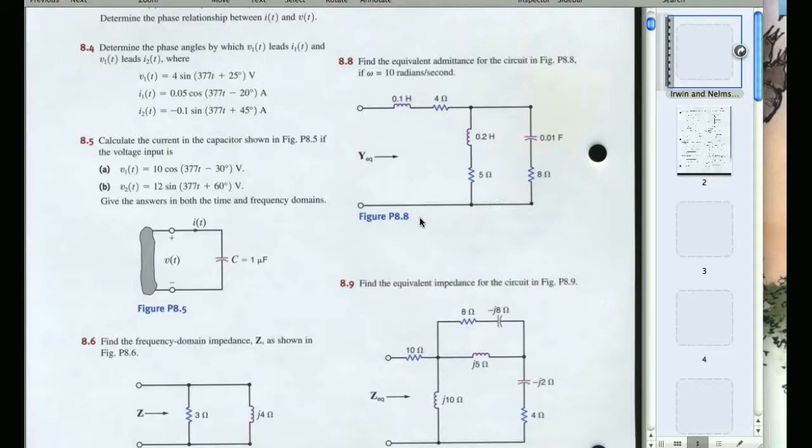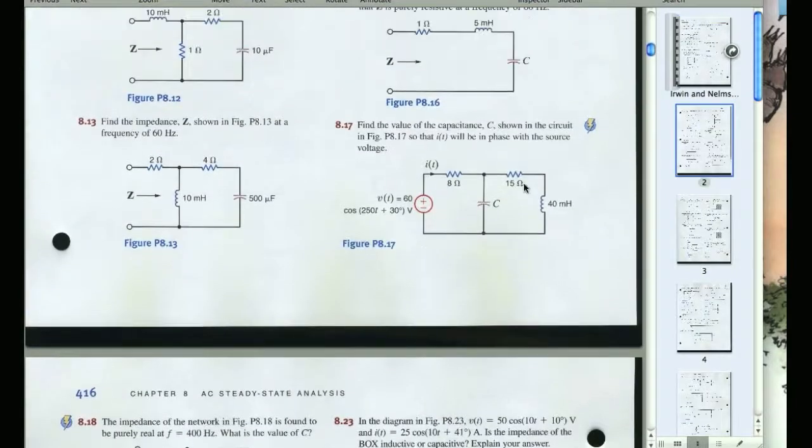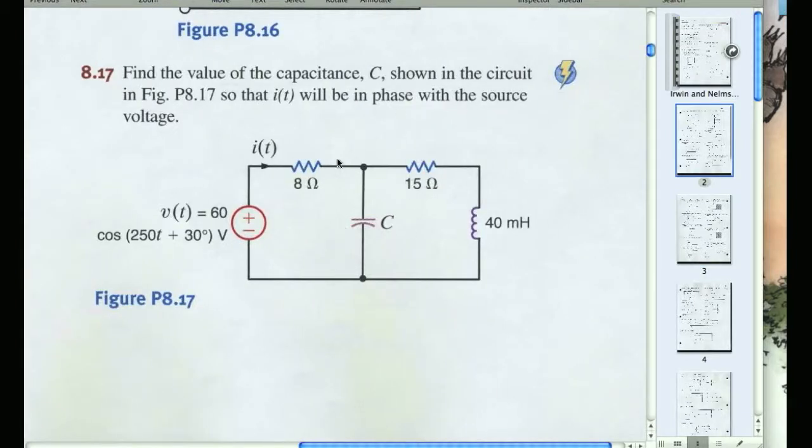So this looks a little familiar to what we've just done, right? It's the same 4 components. Find the value of the capacitance so that i of t, that current, will be in phase with the source voltage. So my source voltage is 60 cosine 250t plus 30 degrees.